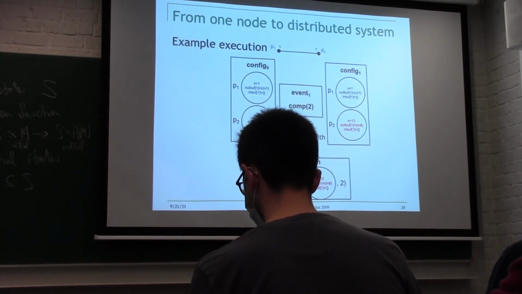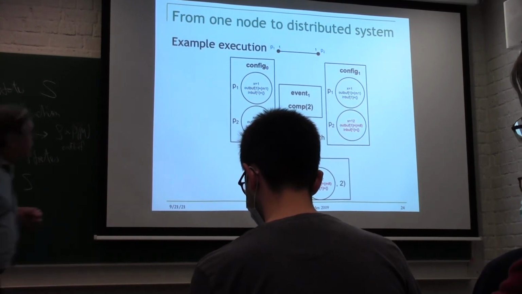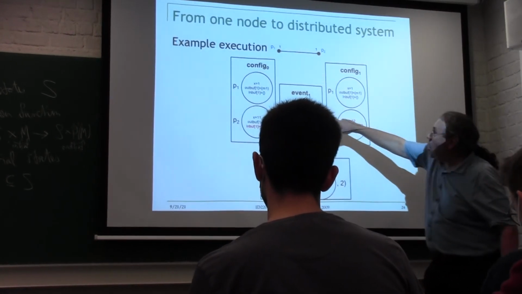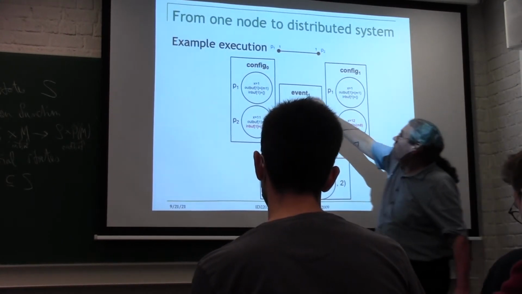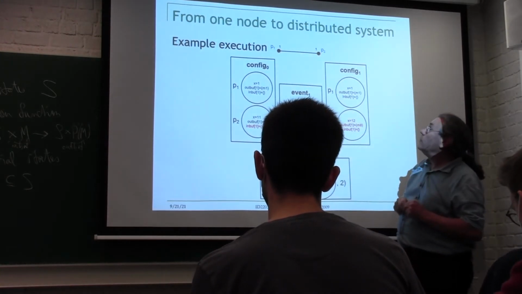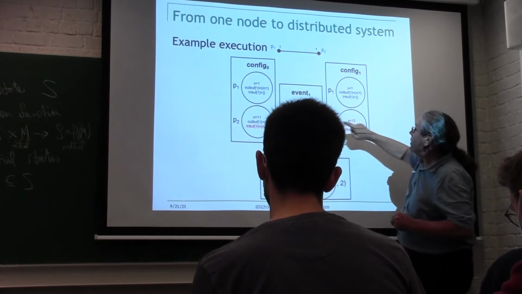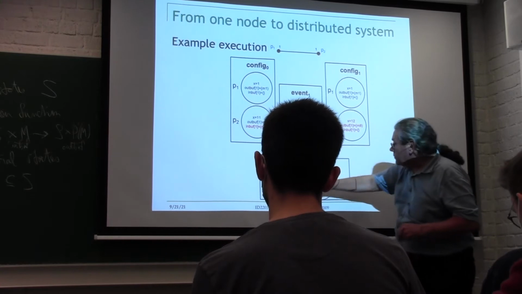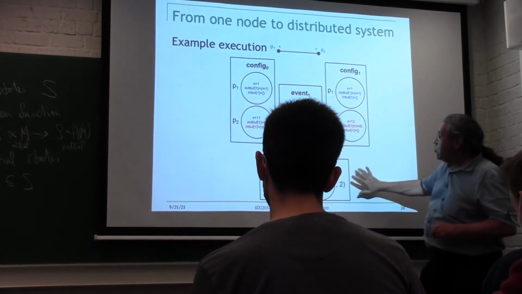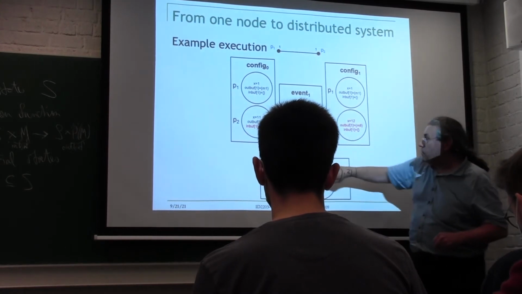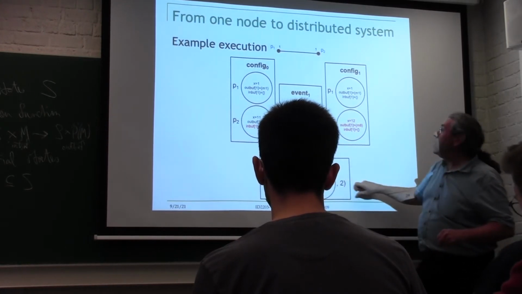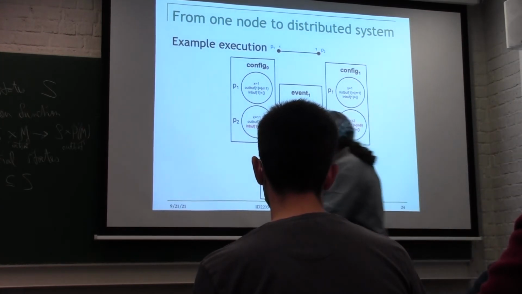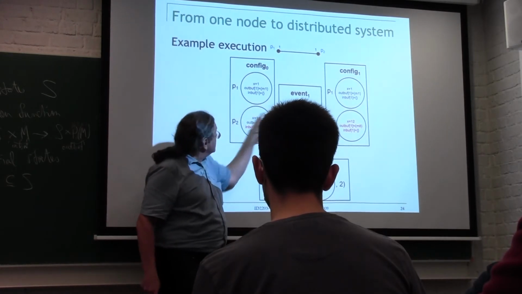Okay? So here we make kind of a microscope on the comp event. Here I have a very simple system with 2 nodes, a configuration of 2 nodes, and I'm doing a comp2 event. This comp2 event actually corresponds to a transition. Usually I don't say it because it's kind of heavy to say it all the time. But when I do comp2, it's clear that there's a transition, so that I'm looking at the process P2.